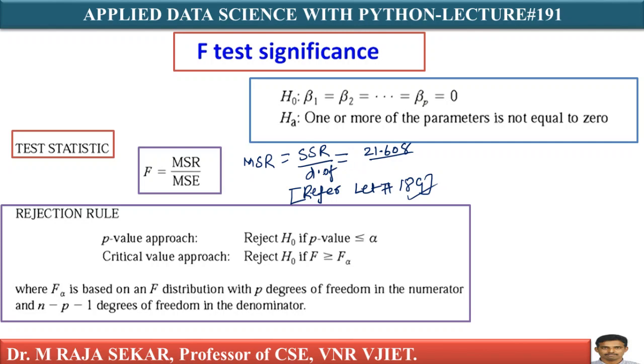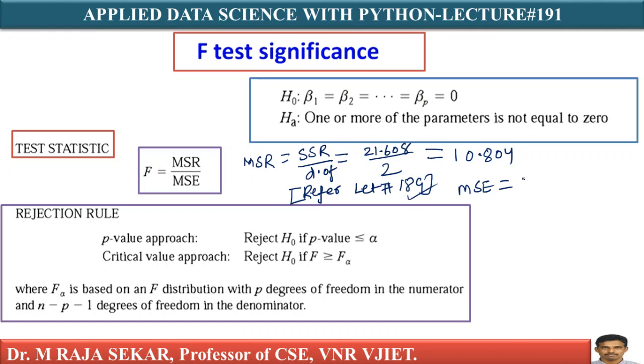And what is my degrees of freedom? p, the number of independent variables. How many independent variables are in this multilinear regression model? We have two independent variables. This is SSR by degrees of freedom, and I think I get something like 10.804. This is my MSR value. In a similar manner, how will I get the MSE value?